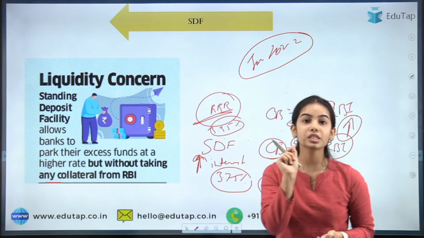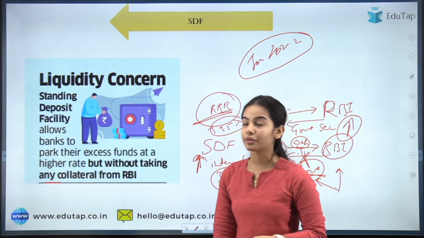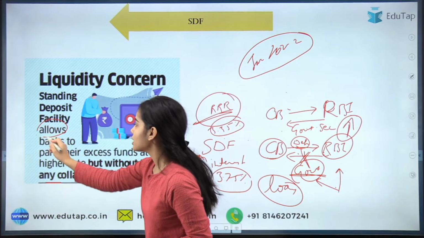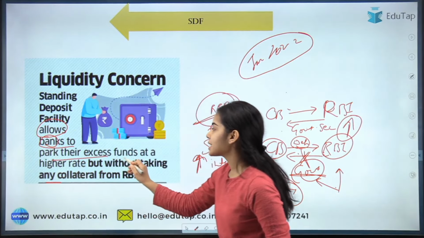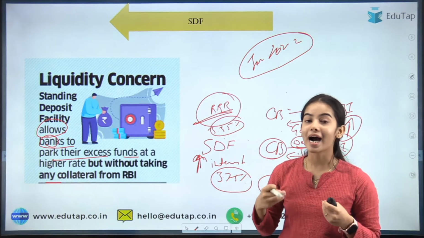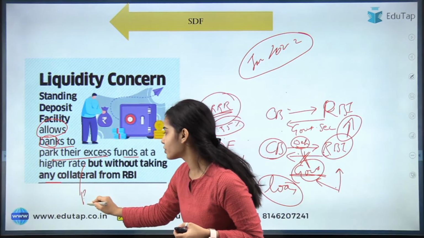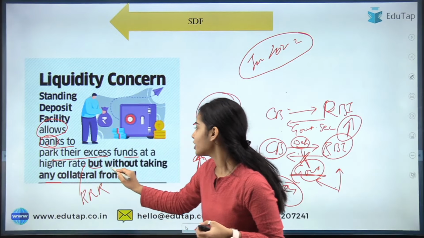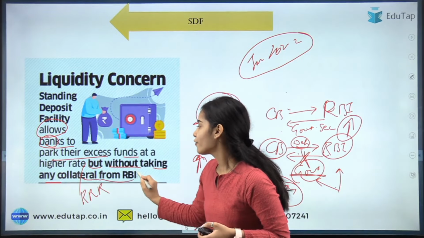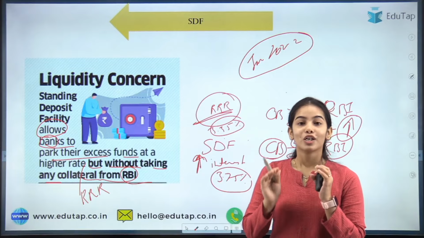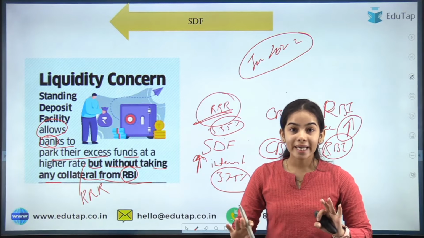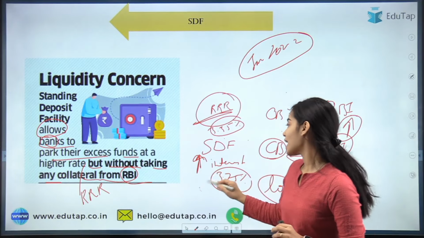So this was the first reason why the SDF was introduced. The SDF allows banks to park their excess, surplus funds at a higher rate than the reverse repo rate, but without taking any collateral from the RBI. The commercial banks will not get the collateral, but they will get the higher interest rate.